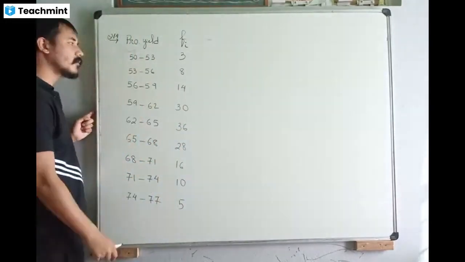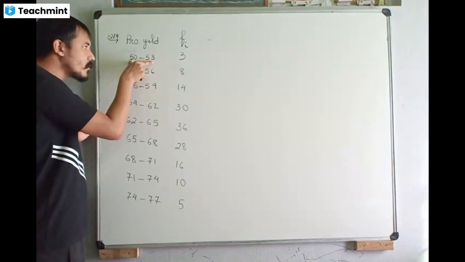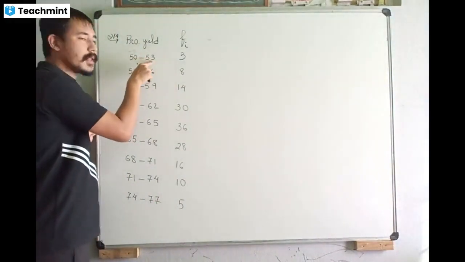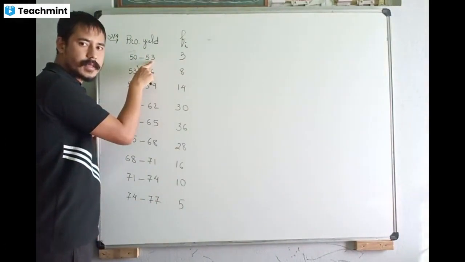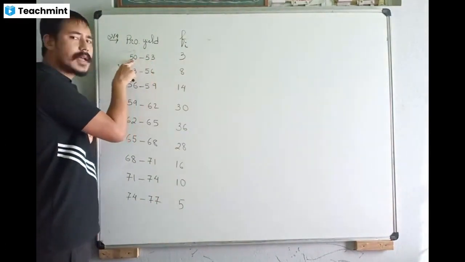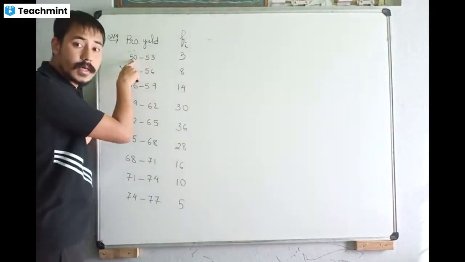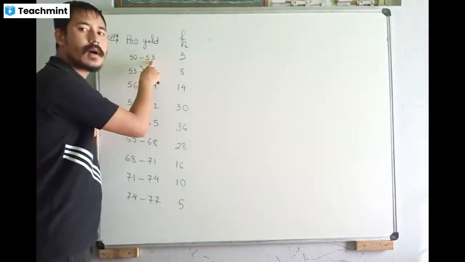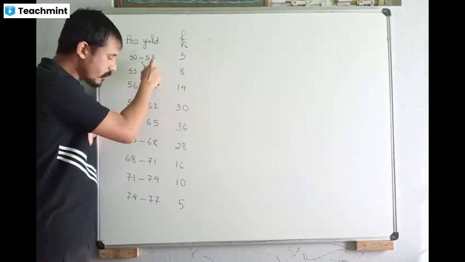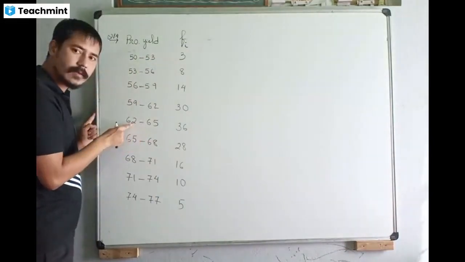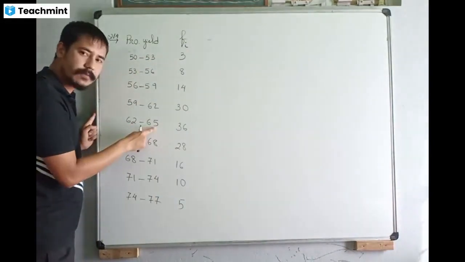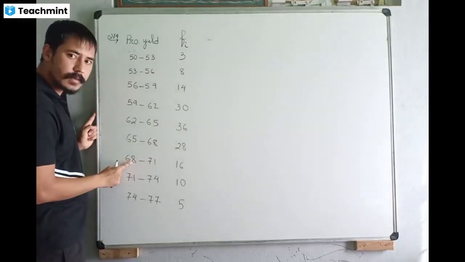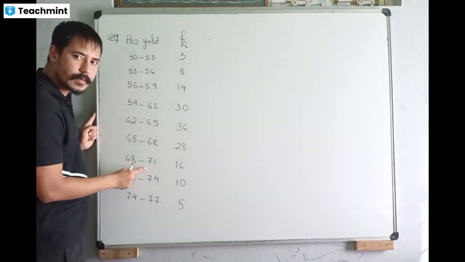In each group we have the lowest item, known as the lower limit, and the highest item, known as the upper limit. This group has 62 as the lower limit, 65 as the upper limit. This group has 68 as the lower limit and 71 as the upper limit.